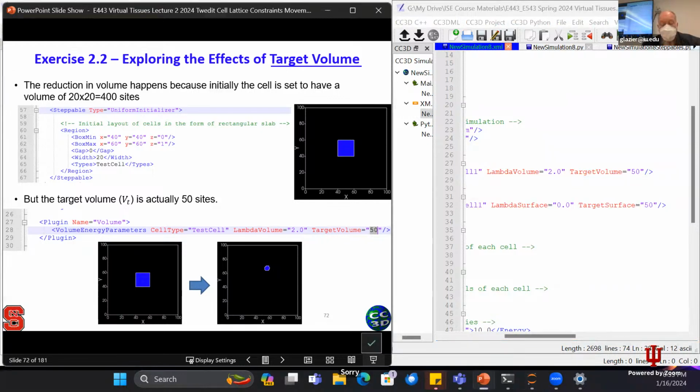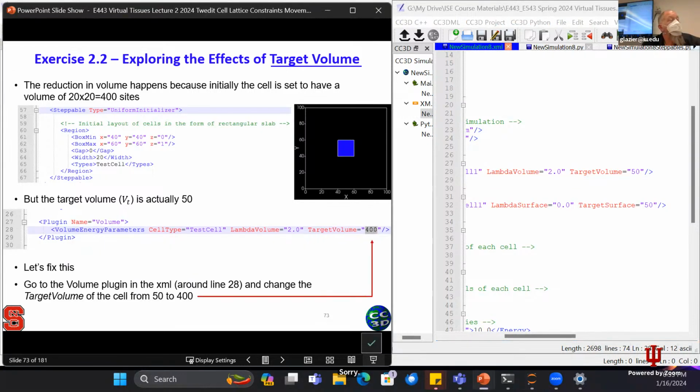All right. So now, why don't you change that target volume to be 400 and tell me what happens? So we're going to make target volume 400. Hit save. And then rerun the simulation and see what happens.